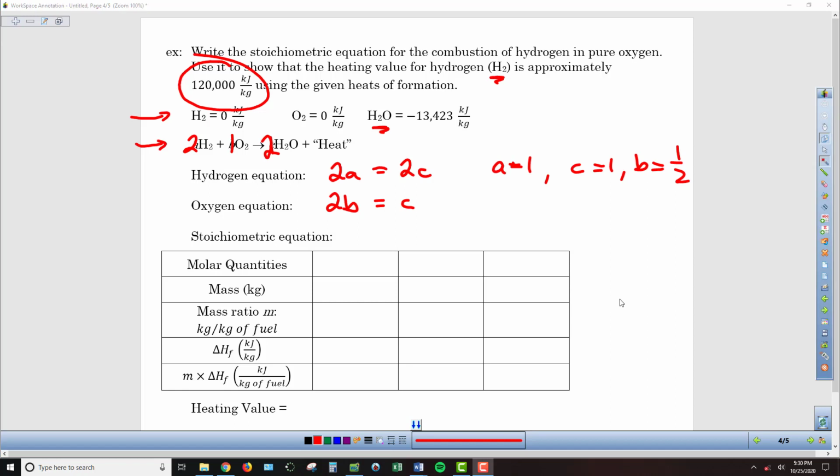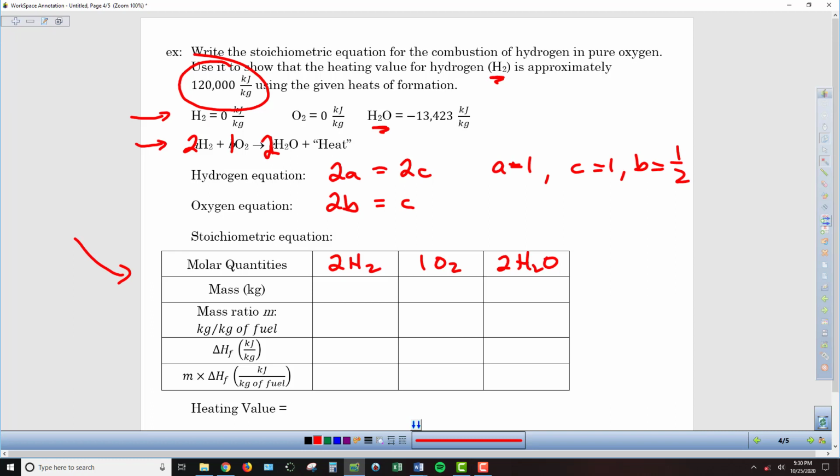So to find the heating value, we're going to go through and use the table that we see below. So from our stoichiometric equation, I'm going to include the molar quantities of all of the molecules that are in the reaction. So we've got 2 moles of hydrogen, we've got the 1 mole of oxygen, and then we've got the 2 moles of water. So now we want to convert these to mass. And so we want the mass amounts of the 2 moles of hydrogen, the 1 mole of oxygen, and the 2 moles of water.